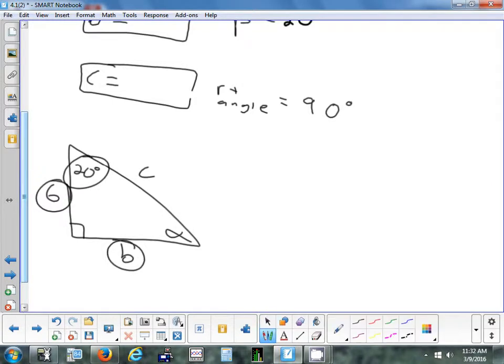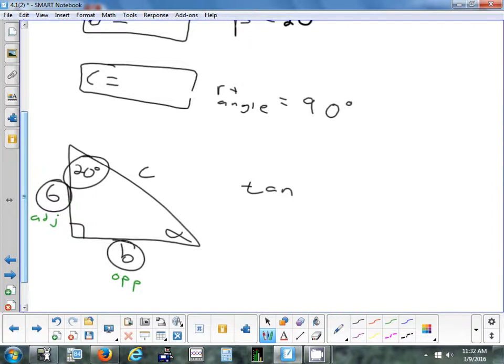Maybe first we should label these opposite, adjacent. All right, so now our perspective in this triangle is from the top. Everything is from the perspective of the angle that was given. So opposite is furthest away, adjacent is next to it, and pick the right function.